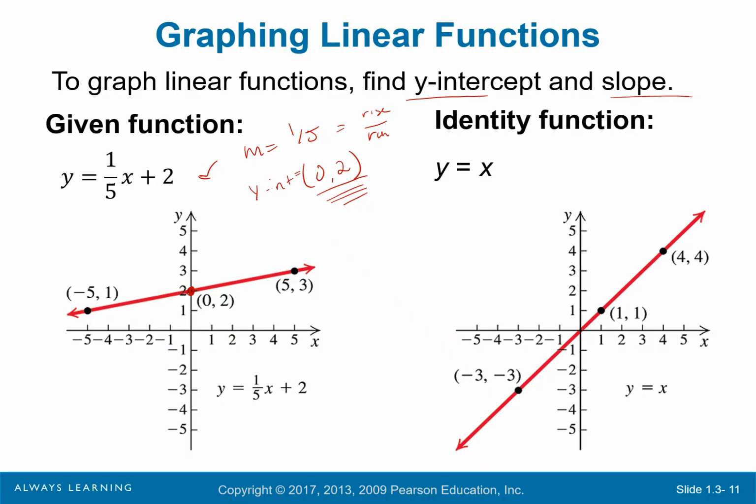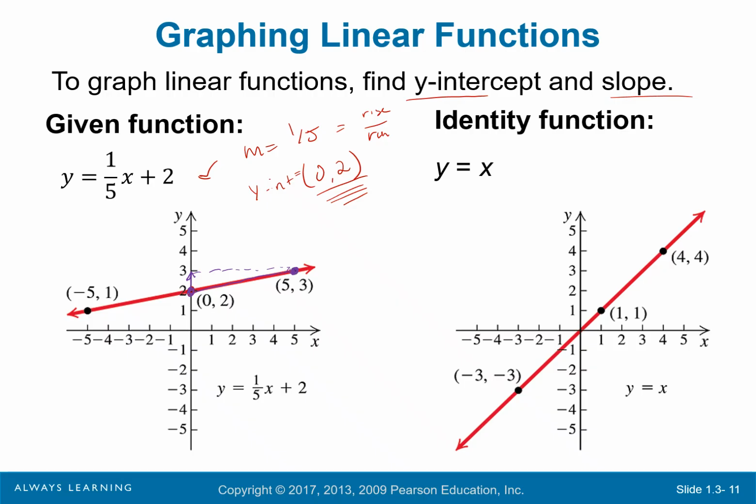Okay, so rise means I need to go up 1 and then I go over by 5. Okay, so I went up 1. I'm going to use a different color here. I go up 1 and I go over 5, and there's my second point. So there was my first point, here's my second point, happens to be 5, comma 3, and I draw my line between the two. And that's all we need.